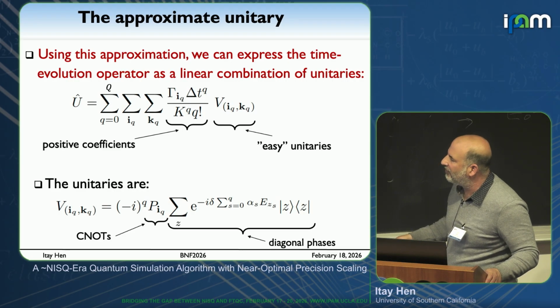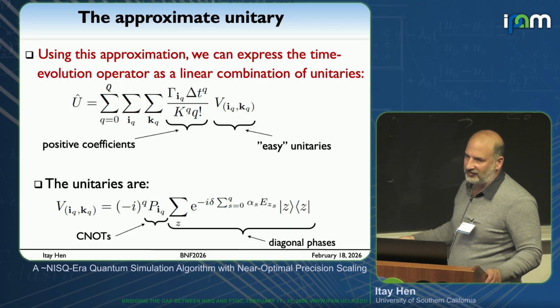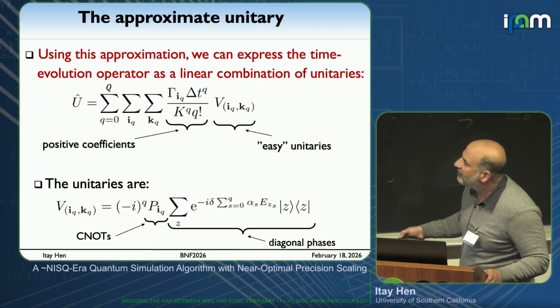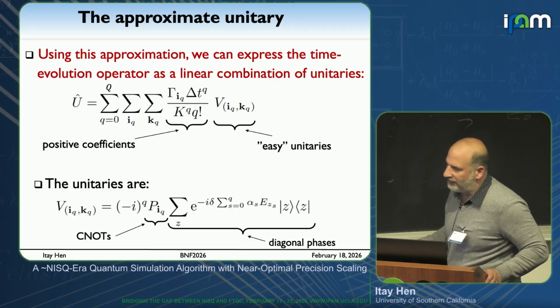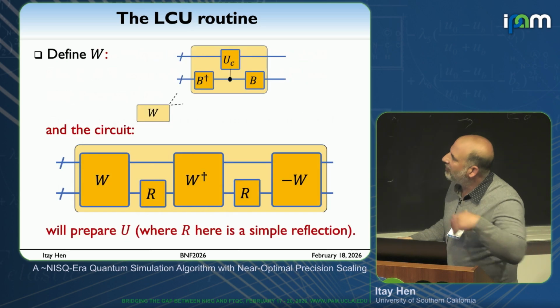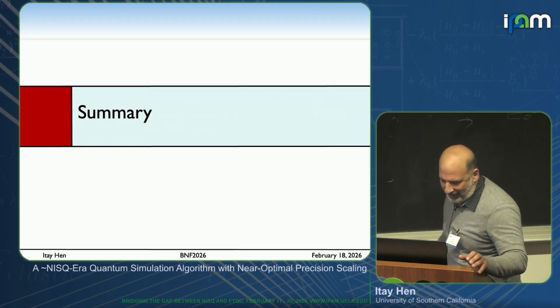And each of them is very simple. C-not is very simple. A product of x's is a C-not, it's very simple. And this is a diagonal phase unitary, which is also very simple. So the point I wanted to talk to you about, LCU and stuff, I'll skip all of that.